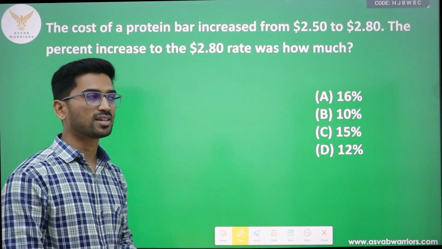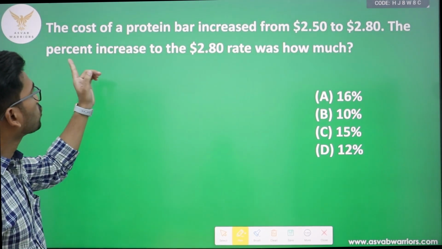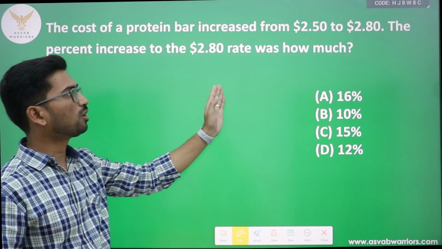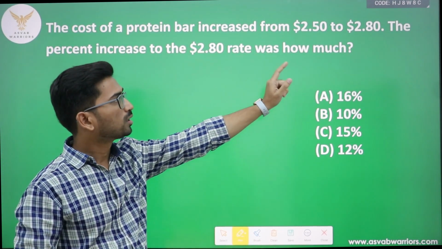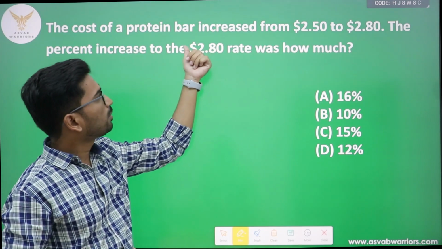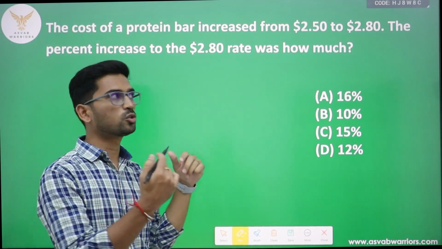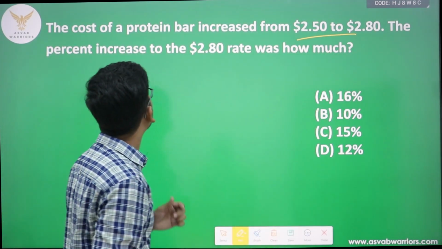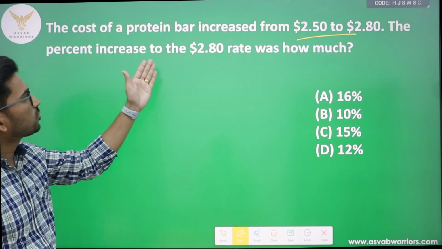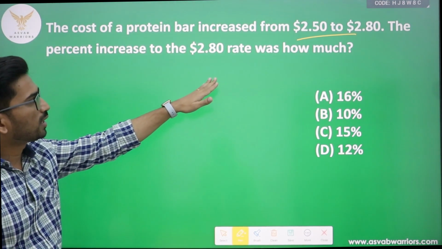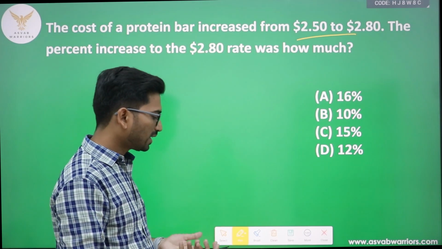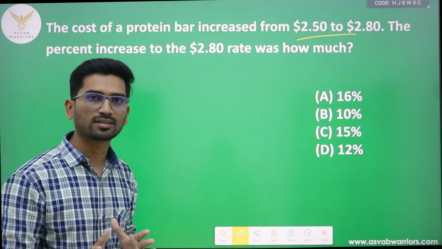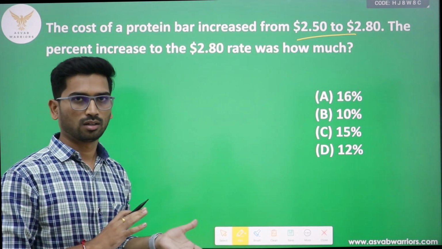The next question says, the price of a protein bar is increased from $2.5 to $2.8. The percentage increase to the $2.8 rate was how much? We need to calculate the percentage increase. There was an increment of 30 cents in the price of a protein bar.